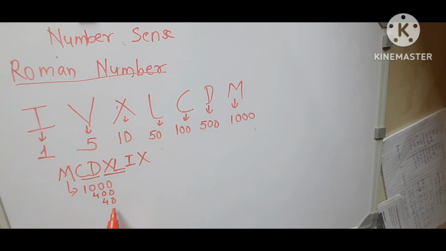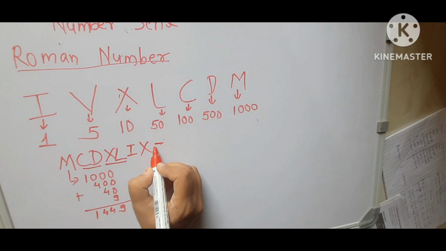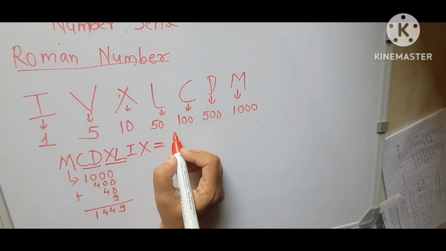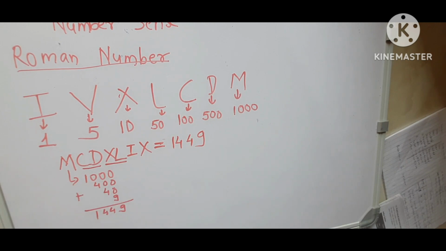If we subtract it, we get the value 9. If I add all this together, the value which I'll get is 1449. So the value of this Roman number is 1449. This is the way you need to solve all the Roman numbers.